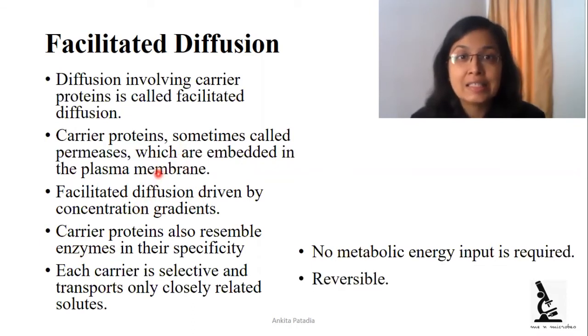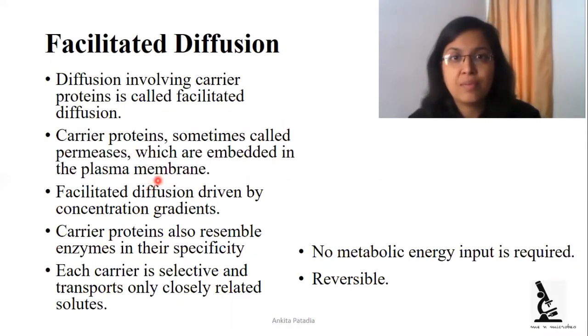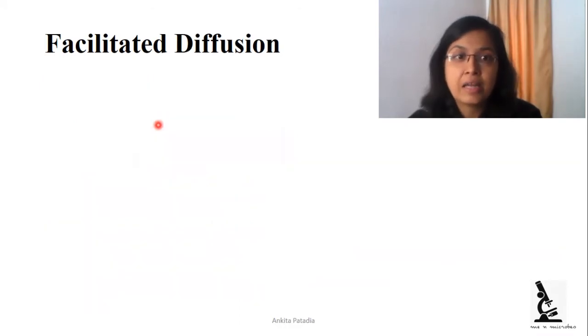Both reactions are reversible, meaning concentration gradients will affect them. If the concentration of the molecule increases in the cytoplasm, it may come out of the cytoplasm to the outer environment via the permeable membrane. So both are reversible reactions.